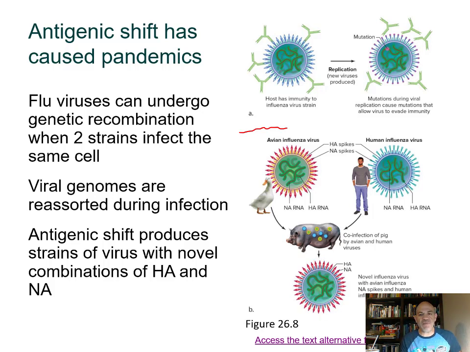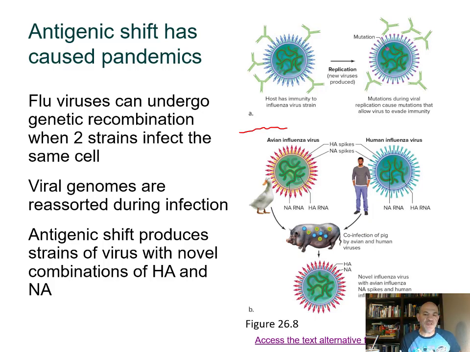So you can see here you have red and orange spikes, just to highlight for the bird, or the duck, and then for the human they have these blue and purple spikes. And then within the pig some new combination occurs, and you end up with a virus that has the red spikes from the bird influenza and the purple spikes from the human influenza.